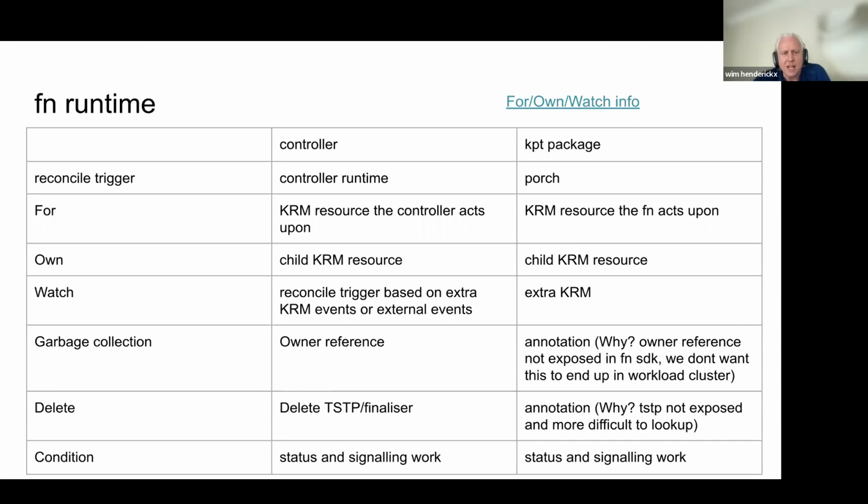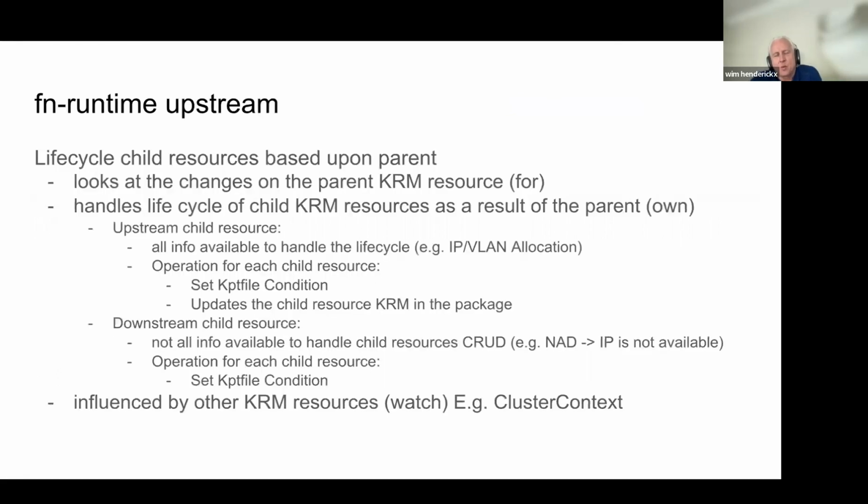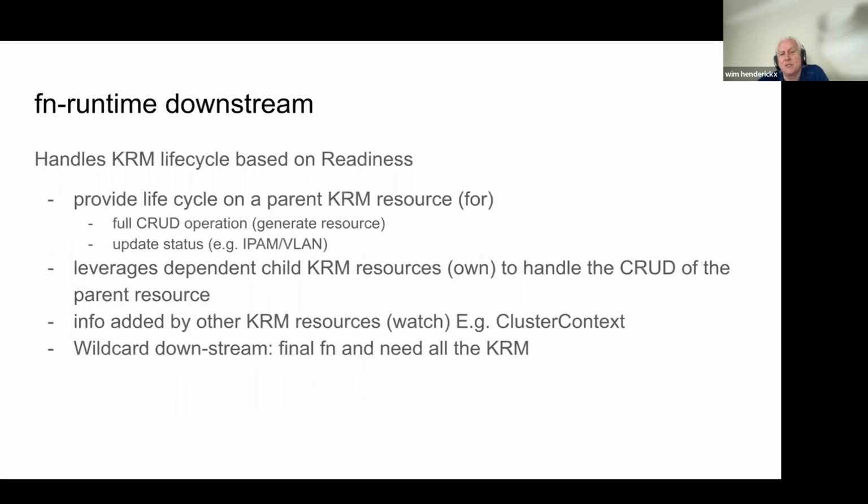Okay. Now, when I presented last week, if you look at the dance, there are actually two patterns that you have. And my first implementation of this function runtime split that pattern into two different APIs. So there was an upstream and a downstream, right?